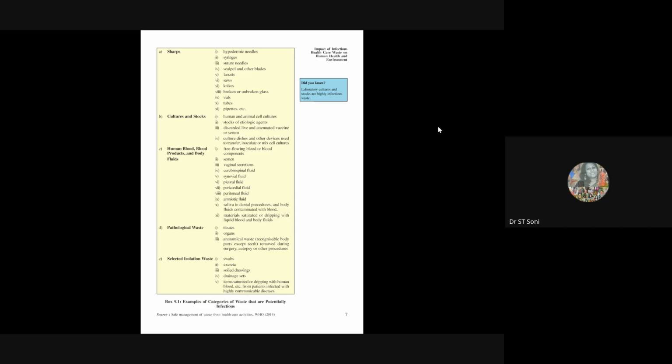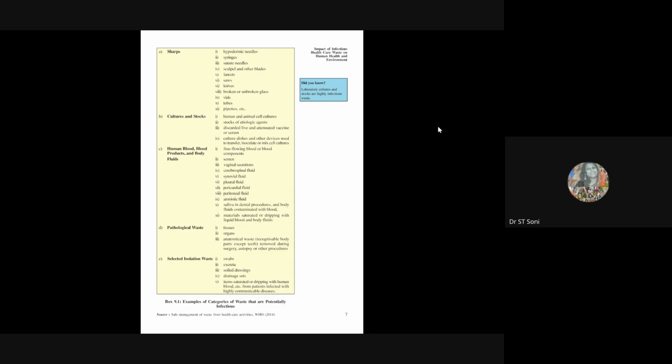These are more or less the biomedical waste categories, but not in the format of the color coding. The first category is the sharps. These consist of needles, scalpel blades, lancets, knives, and broken and unbroken glass, vials, tubes, pipettes, and all.